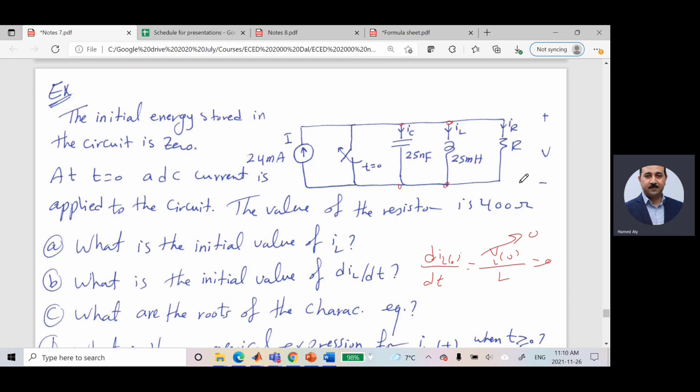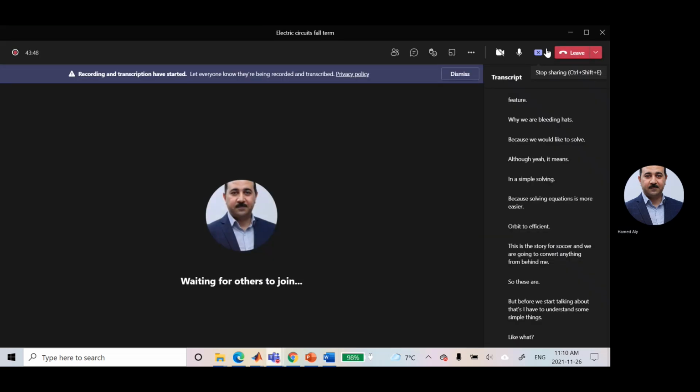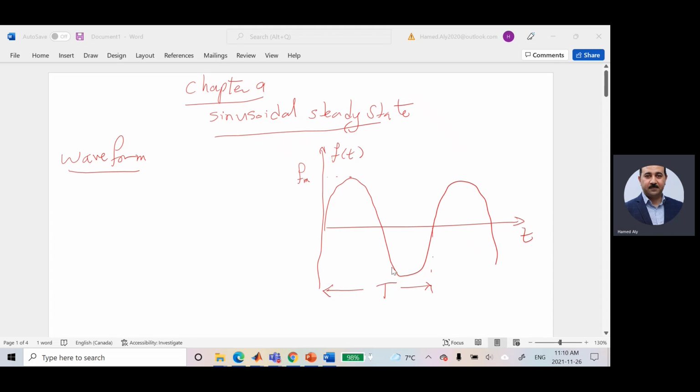But before I start talking about that, I have to understand some simple things. Like what? Like this waveform. I have to understand how to deal with that waveform.